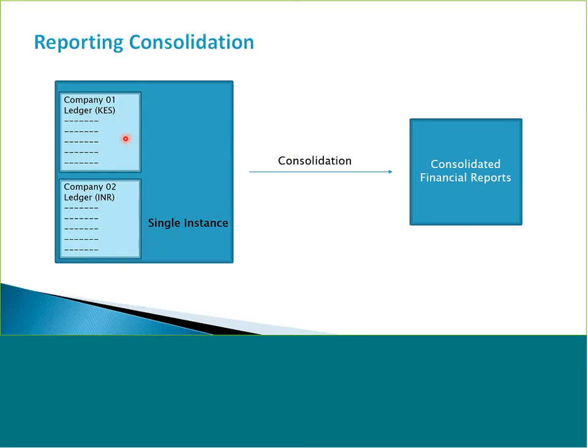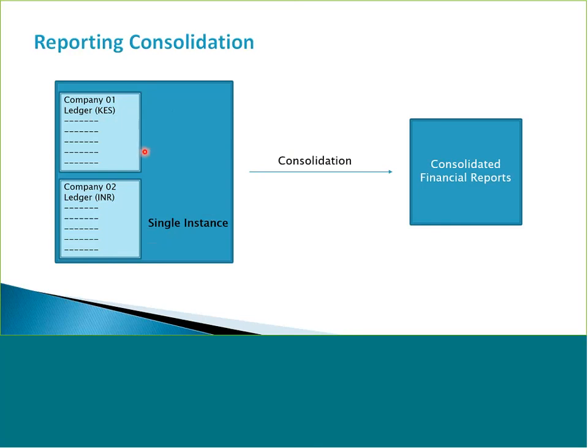However, when you have two ledgers with different charts of accounts and different calendars, then you have to use the data transfer consolidation process. Why? Because in that case you have to create a mapping between the source ledger and the target.